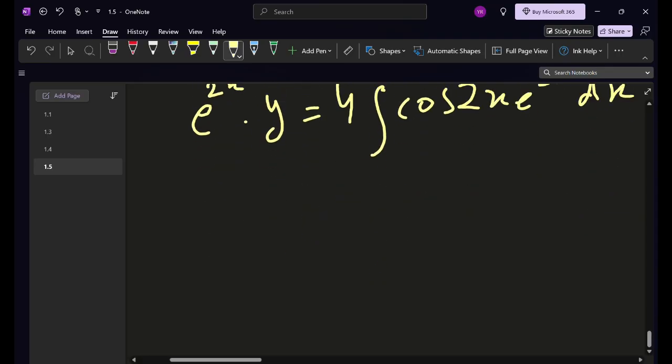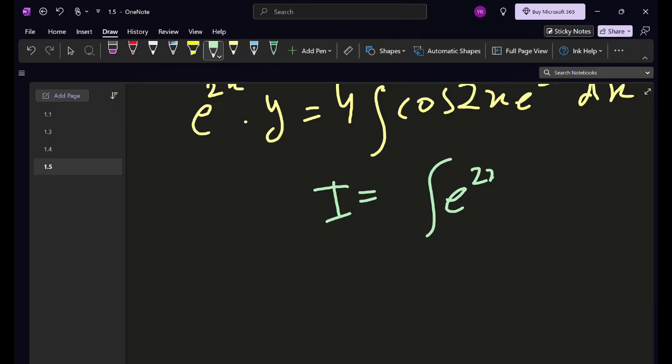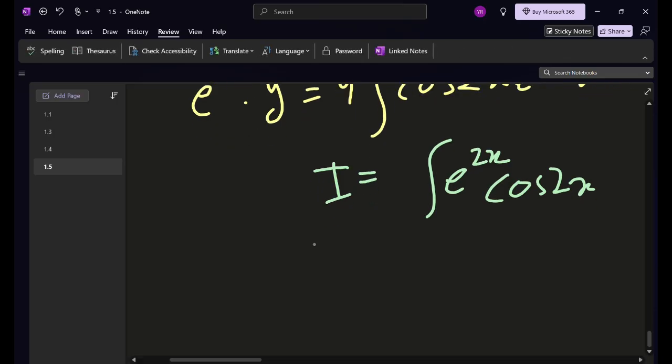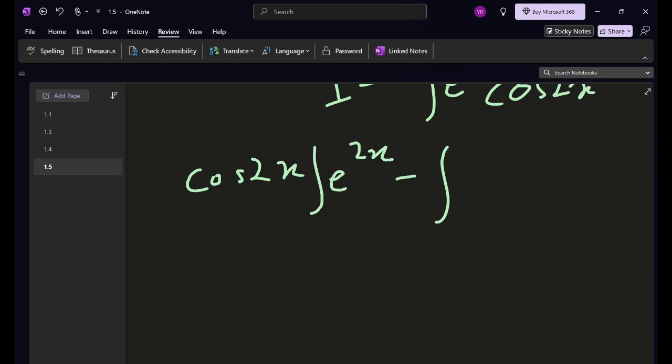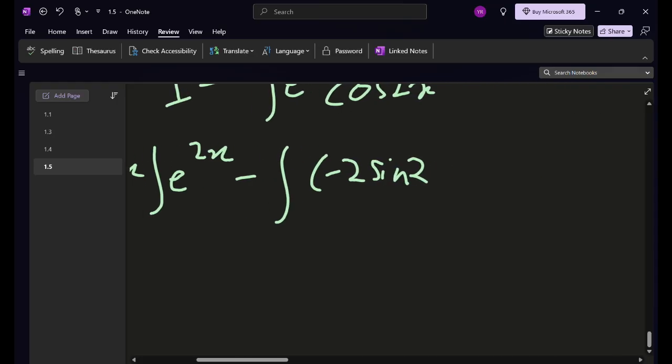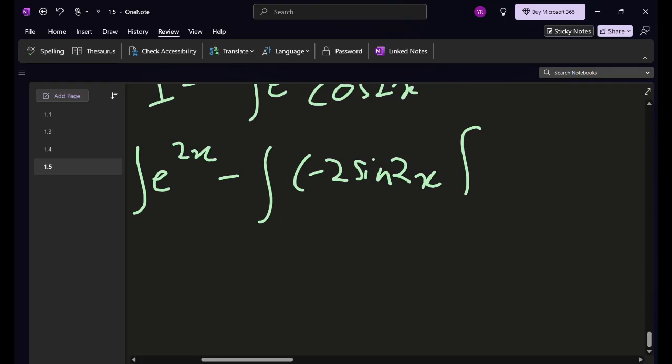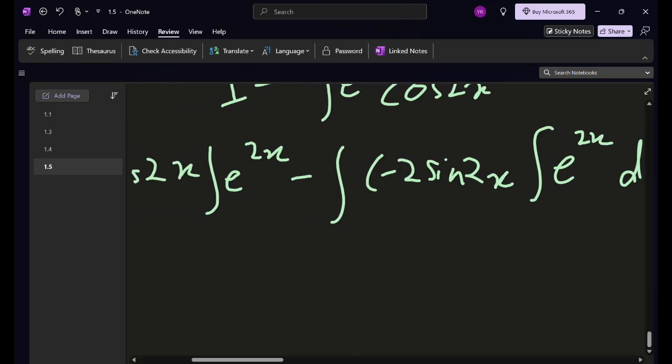It's quite clear. So let's just take I is equal to the integration of e to the power 2x cos 2x. Now using by parts, we get cos 2x e to the power 2x by 2 minus the integral of, bracket, minus 2 sine 2x e to the power 2x by 2 dx.